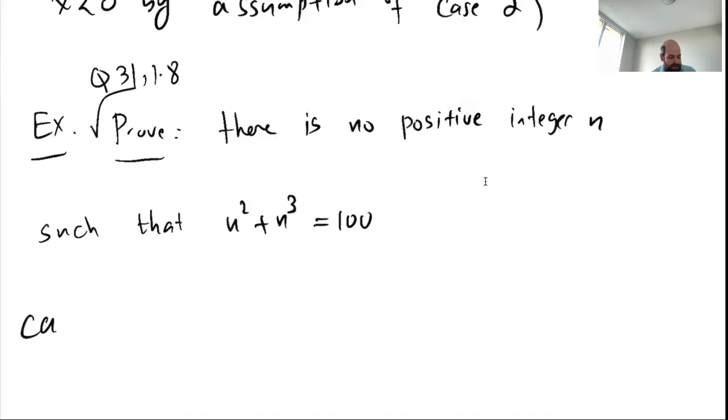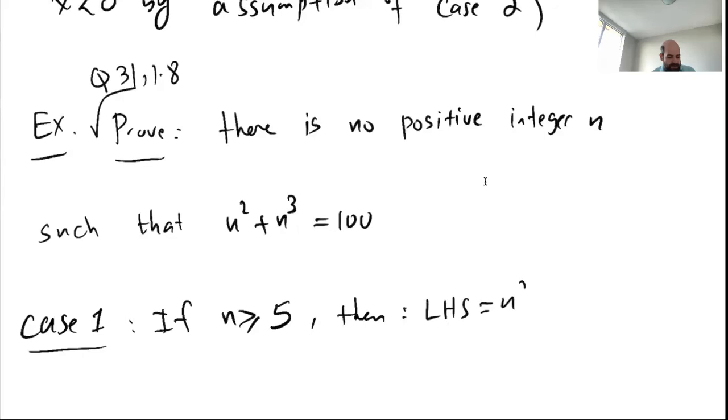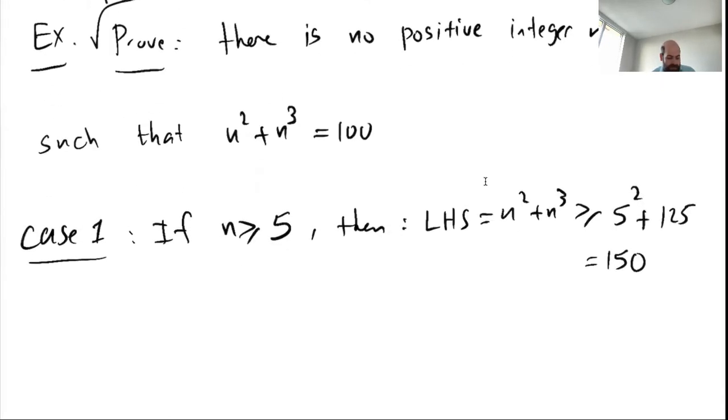So I can say case 1, if n is bigger than or equal to 5, then the left-hand side, which is n squared plus n cubed, will be bigger than or equal to 5 squared plus 5 cubed, which is 25 plus 125, equals 150. And that's bigger than the right-hand side.